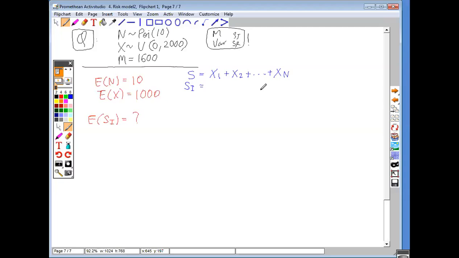Y1 plus Y2 plus... Exactly. So it will go on from Y1 till YN, right?